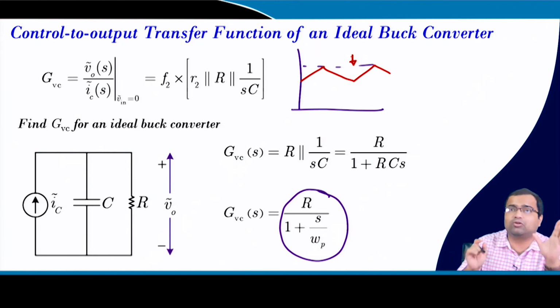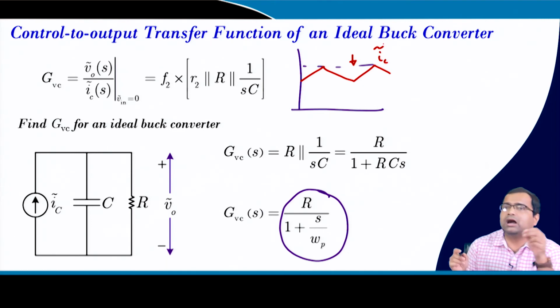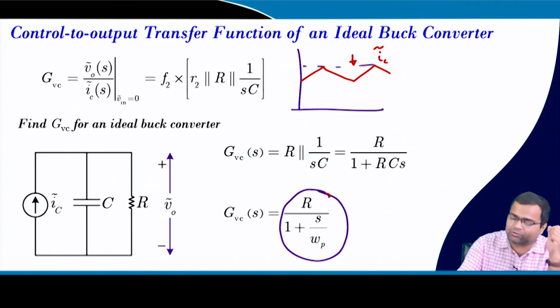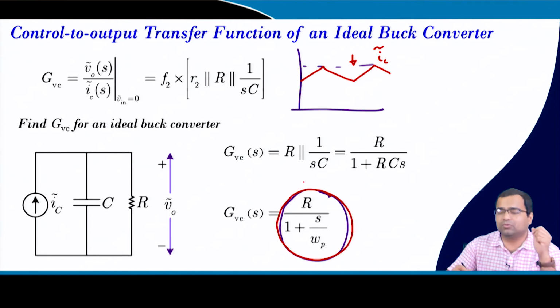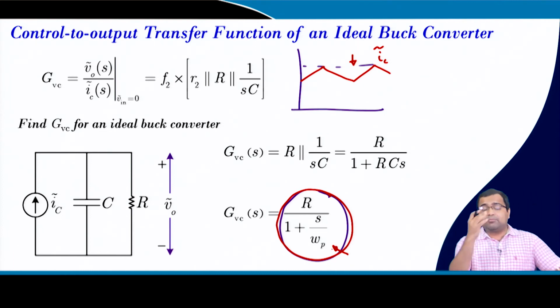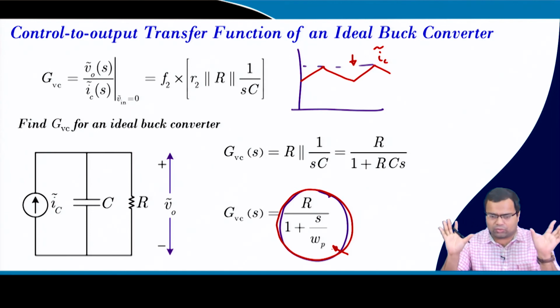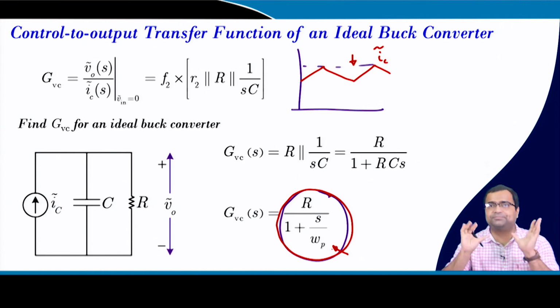Okay, and we are talking about a control to output transfer function. That means, a change in IC, how is it going to affect the change in output, and it turns out to be a simple first order system with one pole for a buck converter, whereas in our original model of direct duty ratio control buck converter, we have two poles, and those two are complex conjugate poles in general.